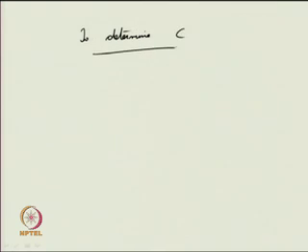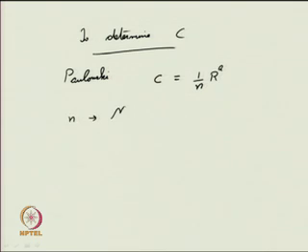Some of the formulas that are very much in use are: first one, the scientist Pavlovsky suggested a relation that your Chezy C is nothing but 1 by n into R to the power of A, where n is your Manning's roughness coefficient. We will come to that, what is Manning's roughness coefficient.